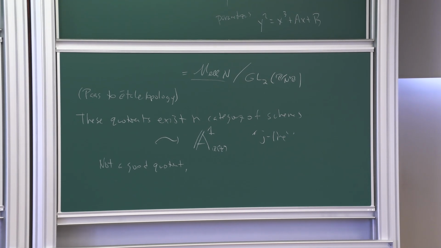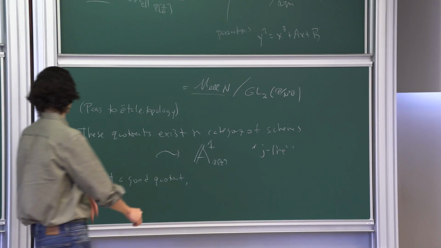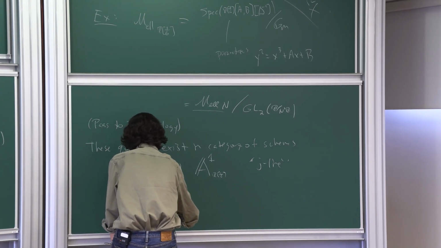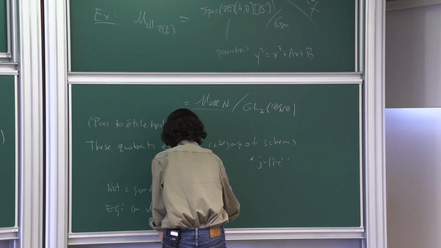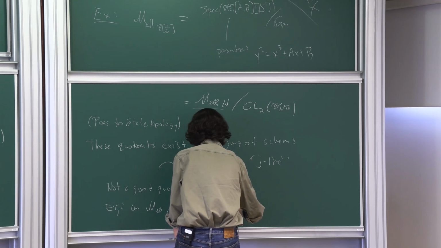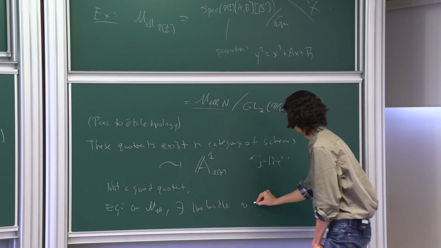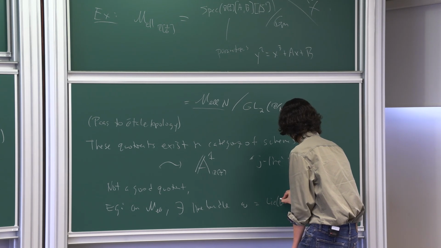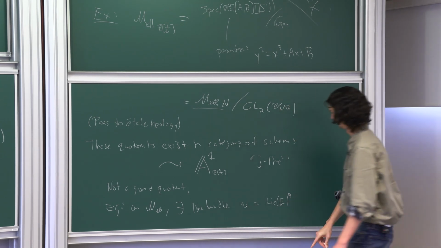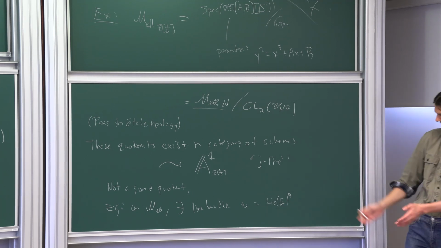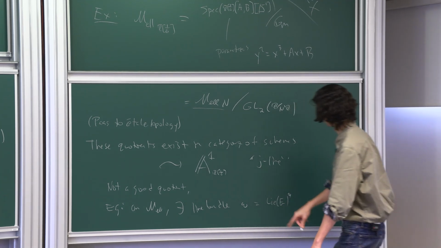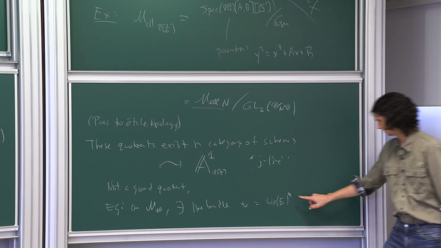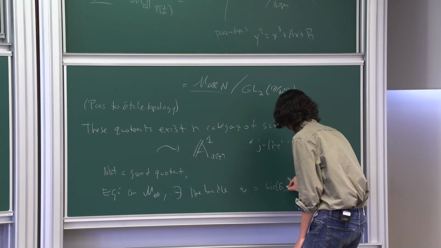One way of measuring that is that, for example, on the moduli stack of elliptic curves, there's a natural line bundle that's denoted omega, which is the dual of the one-dimensional vector space of tangent vectors at the origin. So it's the cotangent space of, say, the universal elliptic curve.